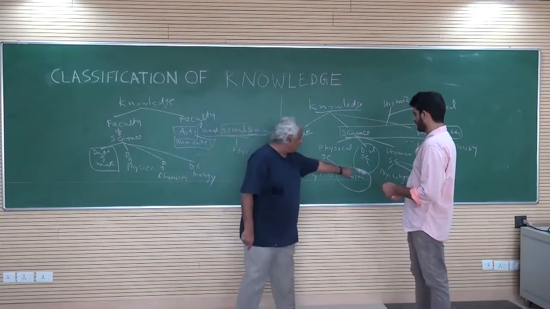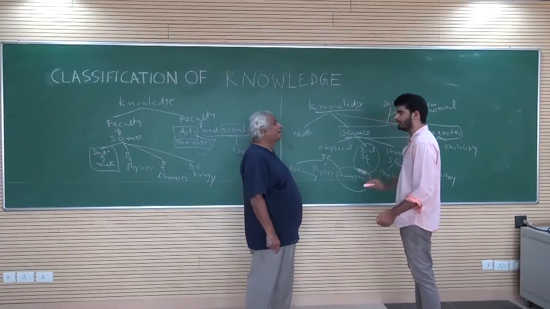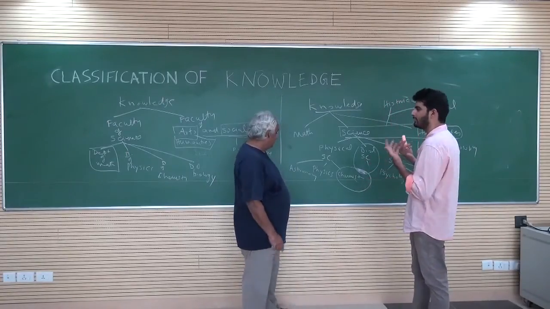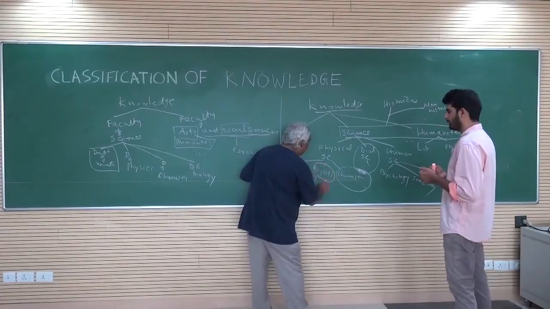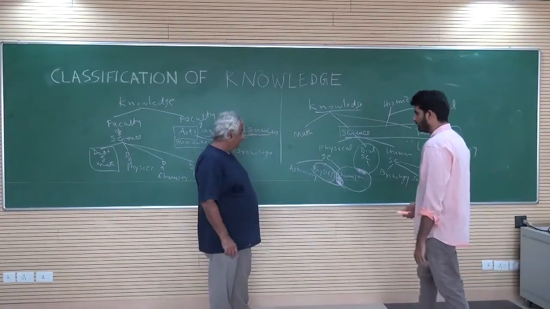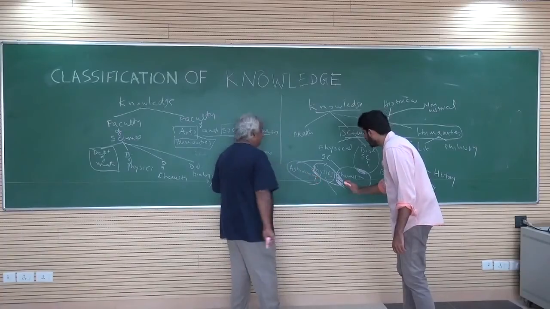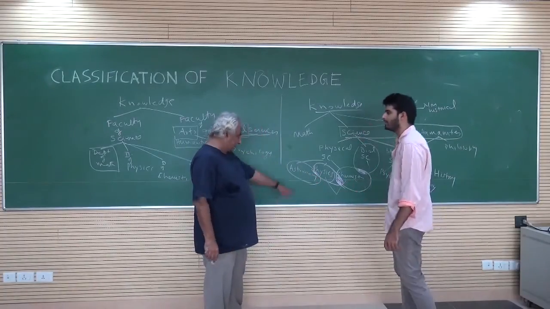That's a new discipline. So you can have two mother nodes joining together and creating a new discipline. In fact, you have physics and chemistry together, you have physical chemistry. And you have astrophysics. So you can represent it by doing something like this.